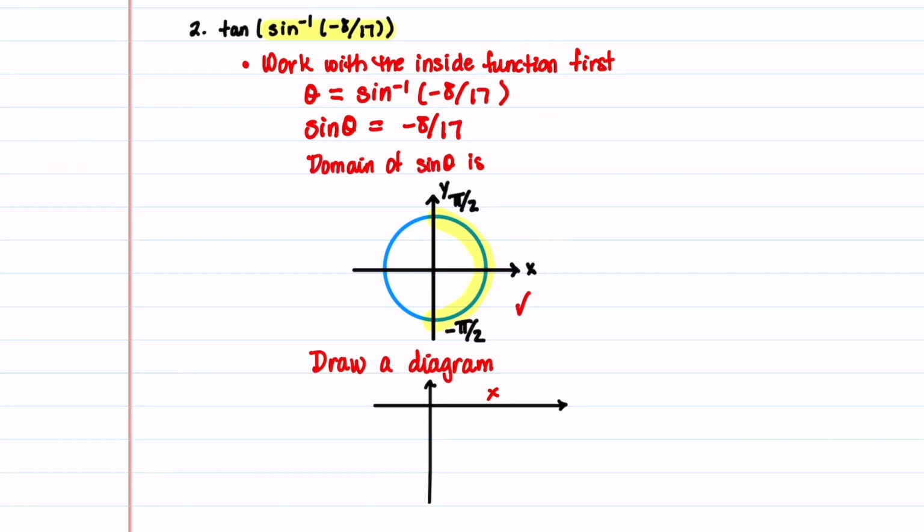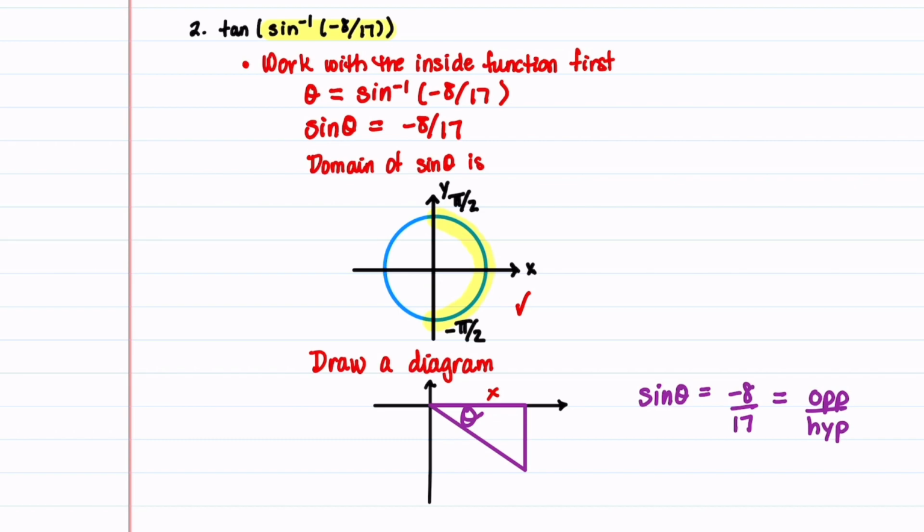We're going to draw a triangle in our fourth quadrant. It doesn't matter if the triangle is to scale or not. We're going to include our angle theta, and we make a note that sine theta is -8 over 17, and we know that sine is opposite over hypotenuse.